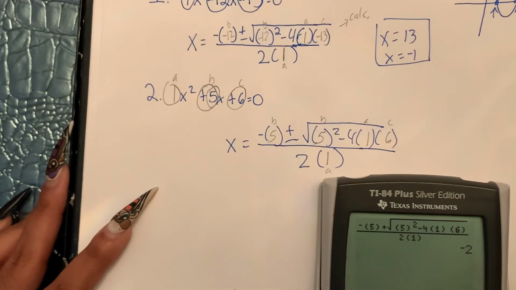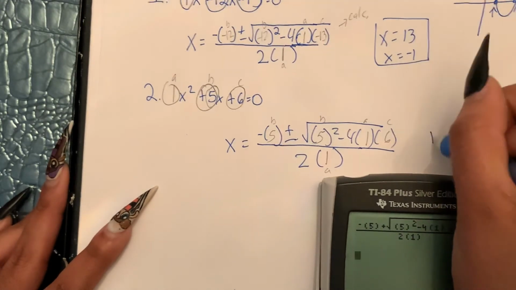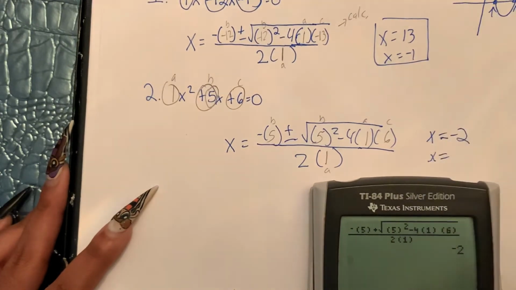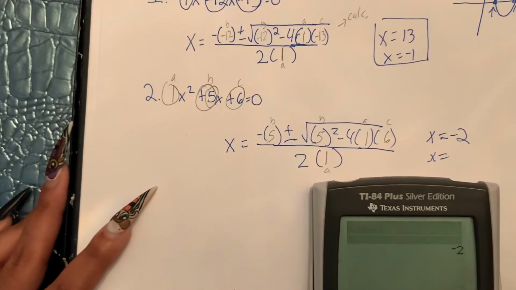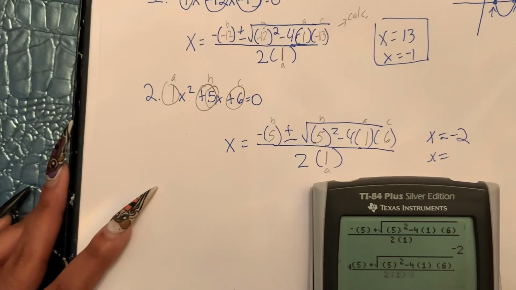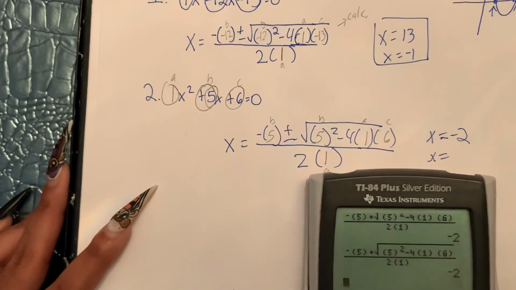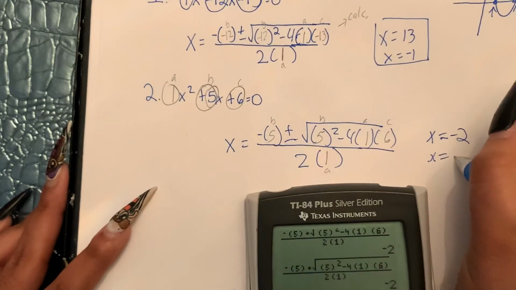So one answer is -2. I'm going to go in and change that plus to a minus to get the second answer. And -2 again.